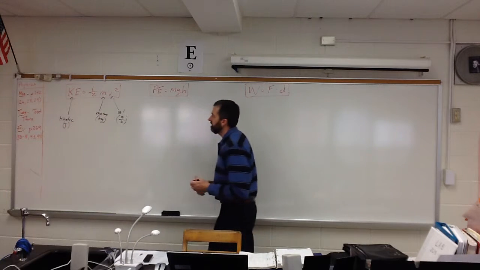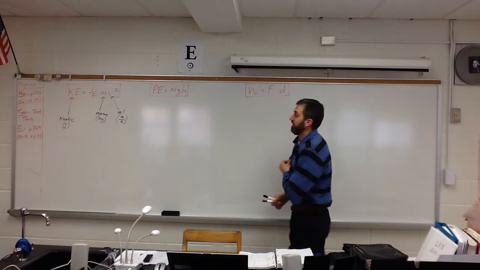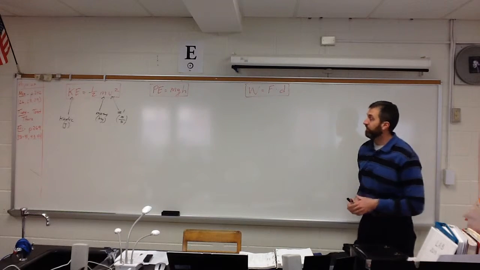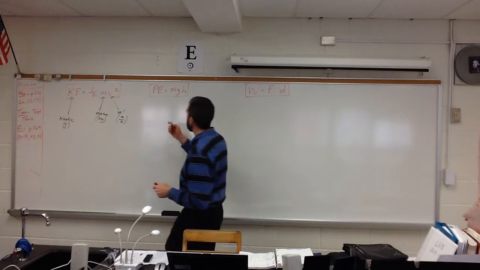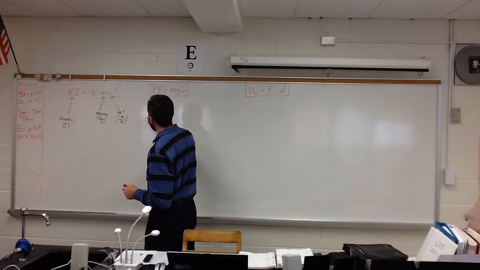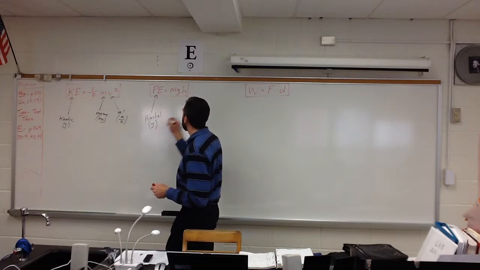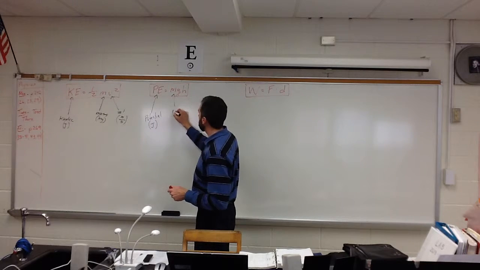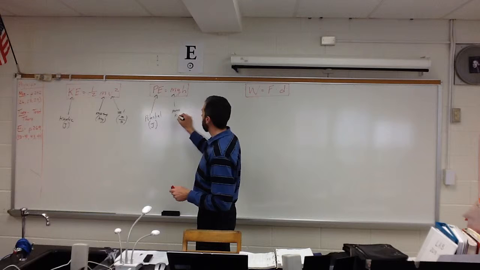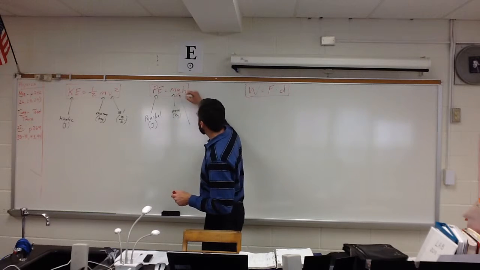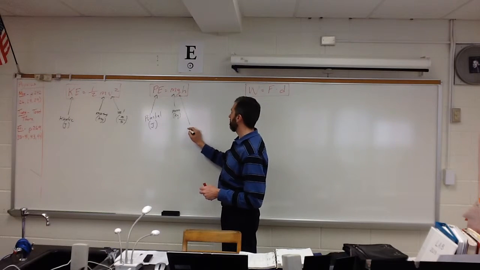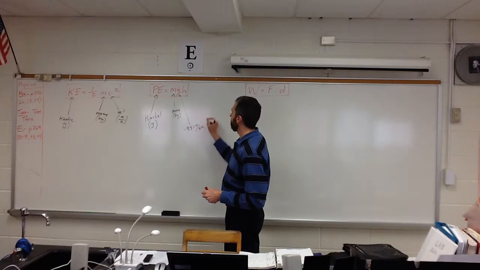The next equation is the potential energy equation. Again, I'm going to brush through it quickly because everyone has learned it before. This is potential energy, which is also in joules. We have mass in kilograms. We have g, which is the acceleration of gravity, or negative 9.81 meters per second squared, as it always has been.